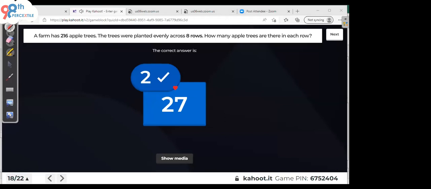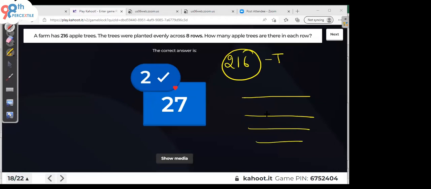Okay, so totally there are 216, right? Total there are 216. And we know that it is in each row. How many rows? There are totally 8 rows. 1, 2, 3, 4, 5, 6, 7, 8. So in each row, how many should be there so that we can get 216?